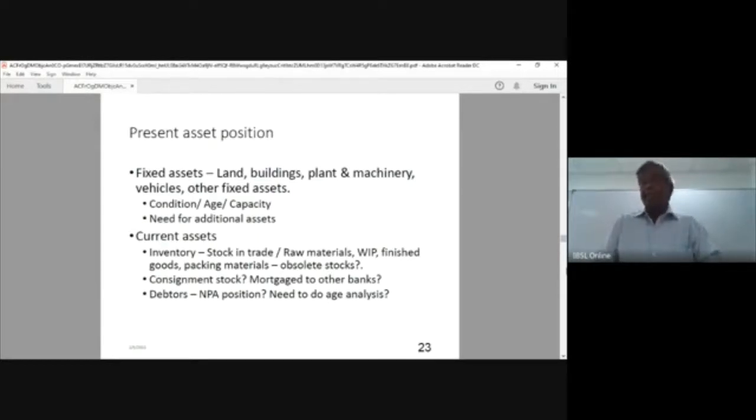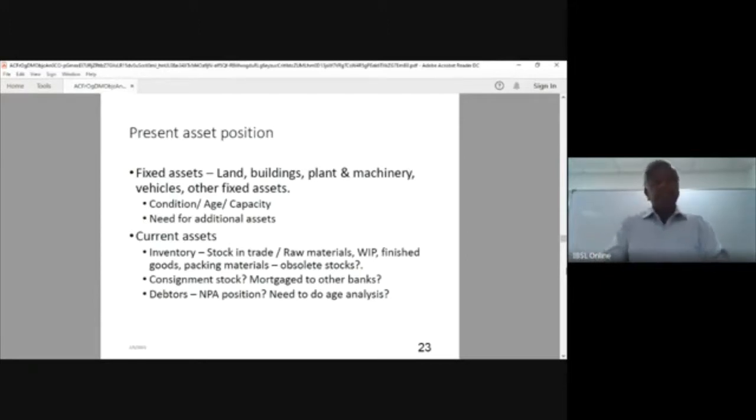You may think this is this customer's stock. No, it is not the customer's stock. It is given on consignment by the supplier for the customer to sell and pay. So you may think his current asset value has increased because of the consignment stock. If it is consignment stock, that has to be removed from the books.